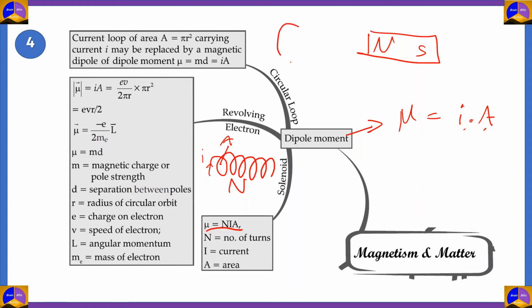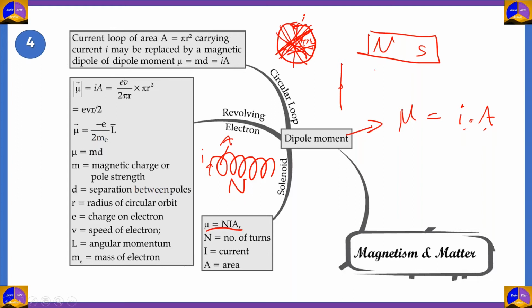When it comes to a single circular loop, a single circular loop has area pi r square, and this pi r square carries a current I. Basically, it is a collection of various dipoles, or basically one dipole which rotates about its axis.